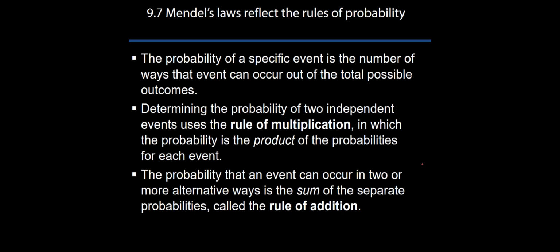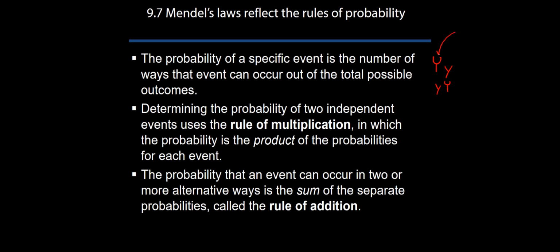The probability of a specific event is the number of ways that event can occur out of the total possible outcomes. For example, getting one of each could happen two different ways. It's not that we wrote them left and right.